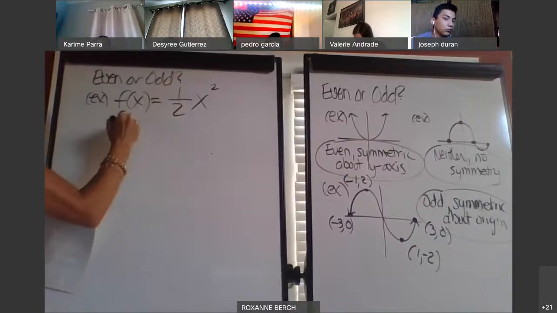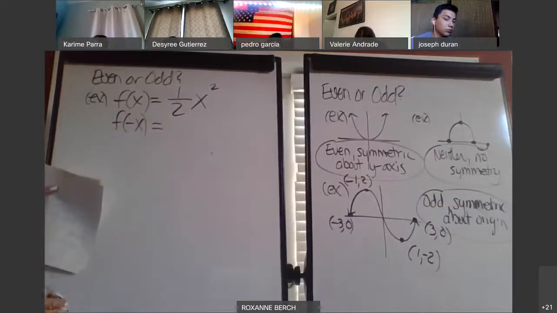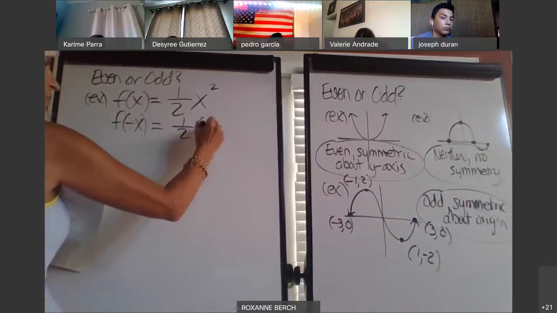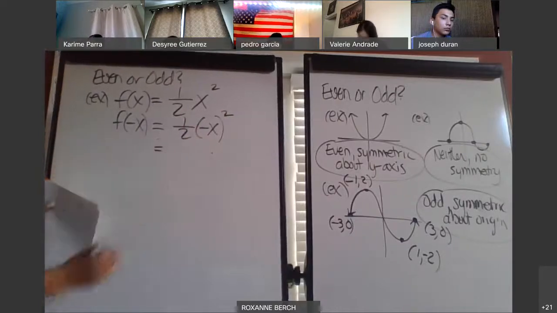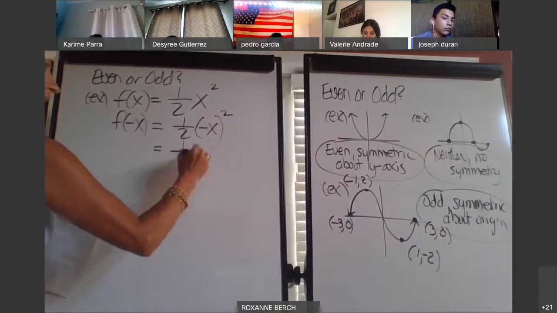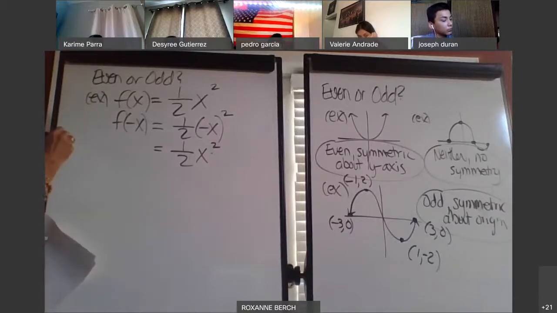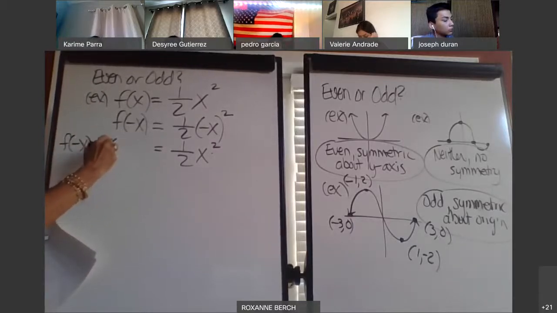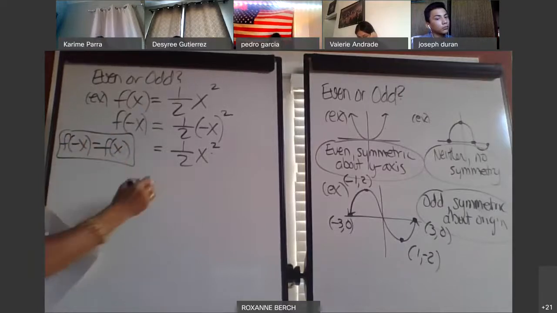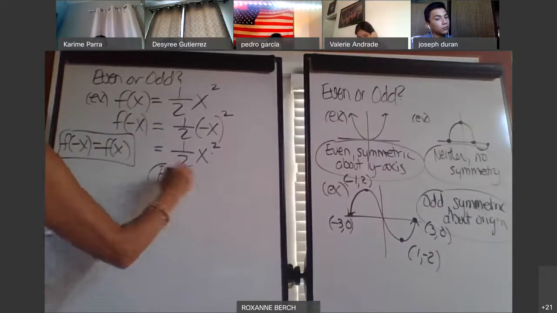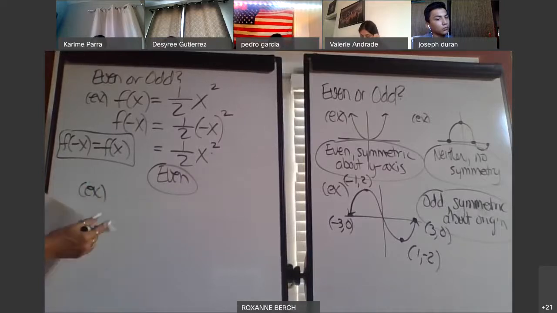You always put in a negative x and see what happens. So wherever you see an x, you're going to put in a negative x and work the problem. So this would be 1/2 x squared. And since putting in a negative put out the function f of x, since they're the same, that means it's symmetric about the y-axis. So remember the definition for even? I said if you put in a negative and you get out the function, it's going to be even. So that is an even function.